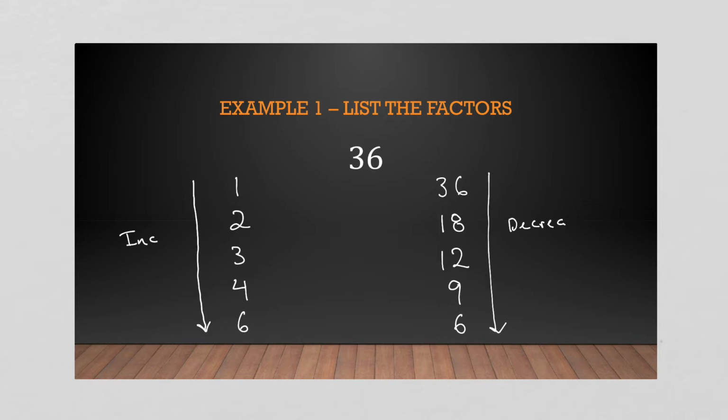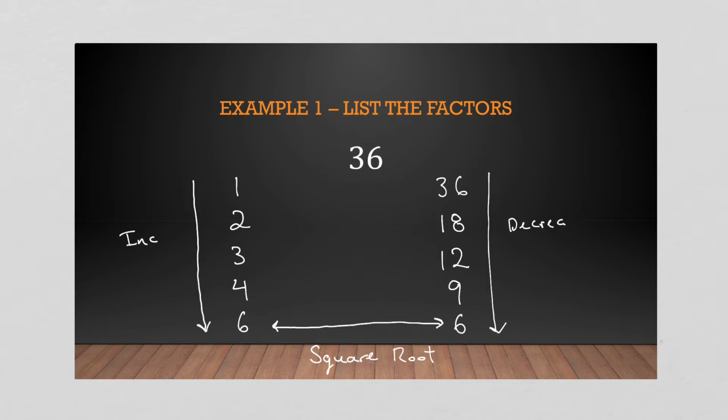And 36 has a midpoint, which you'll see in our square and square root video. If you have a midpoint and the number's exactly the same, here comes a bit of a spoiler, you have a perfect square. And the square root is whatever number is an identical factor.